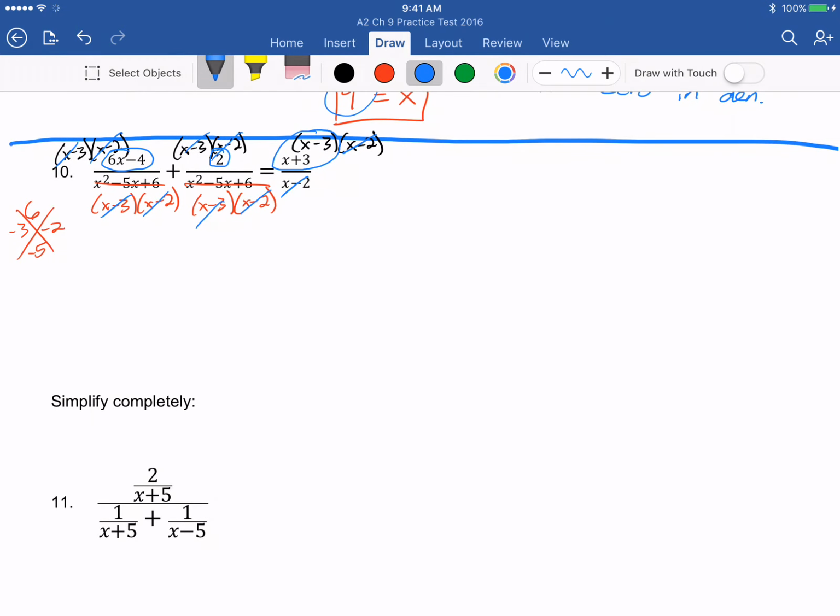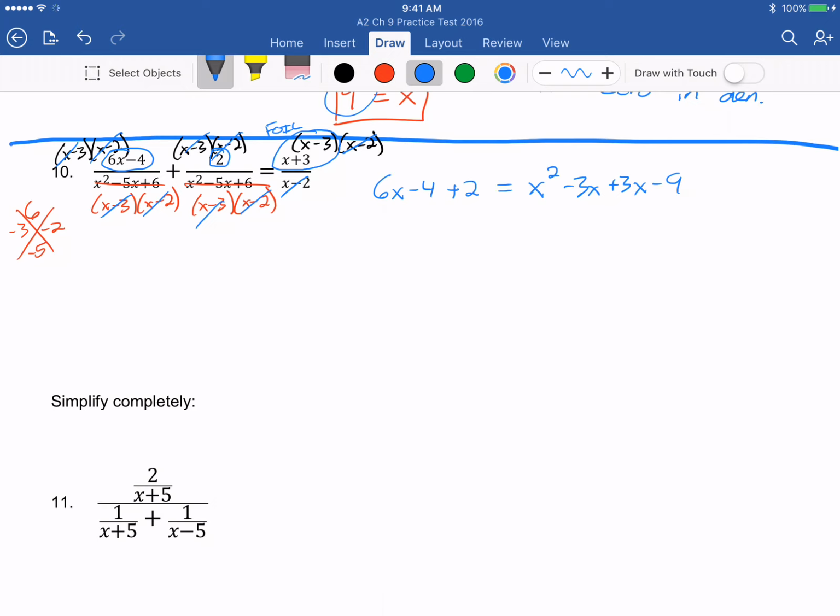So I have on this left side, I have 6x minus 4 plus 2 equals, if I FOIL this guy now, I'm left with x squared minus 3x plus 3x minus 9.